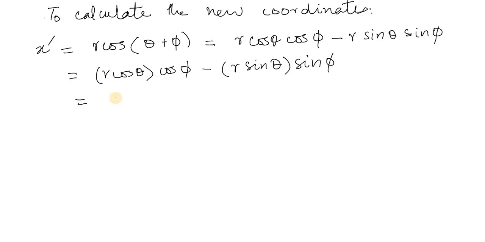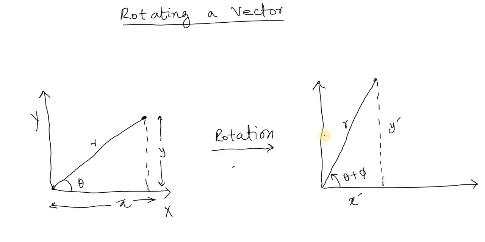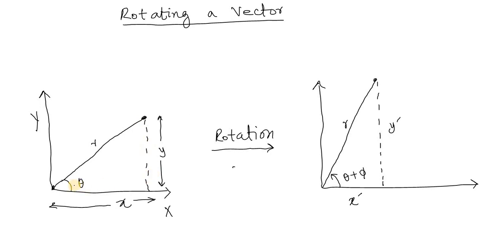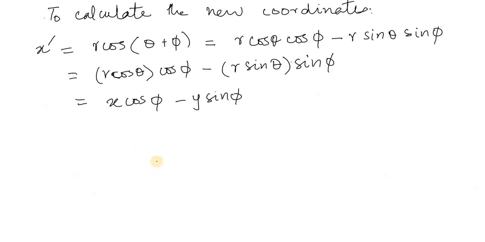Finally, we can write it as x cosine phi minus y sine phi, because r cosine theta is equivalent to your x component, and similarly r sine theta is equal to your y component in this right angle triangle. That's how we calculate the new x coordinate.